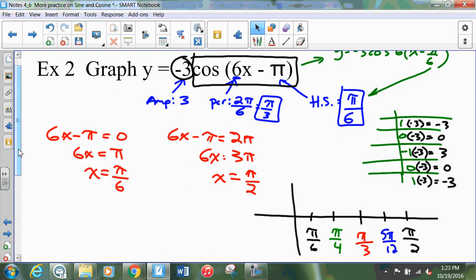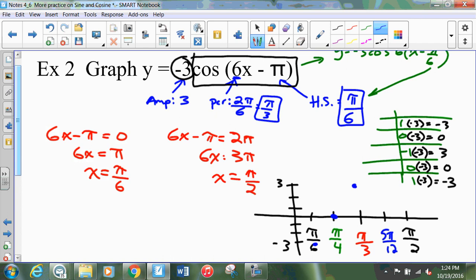We'll need negative 3. We'll need a positive 3. So my first tick mark at pi over 6 is where I'm going to put the negative 3. My second one is where I'm going to put the 0. My third tick mark is where I'm going to put the 3, and then back down to 0 and to negative 3.